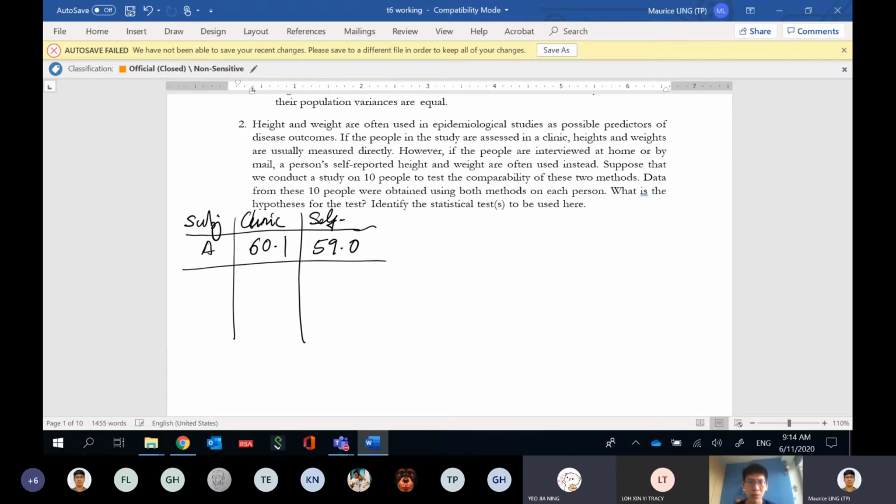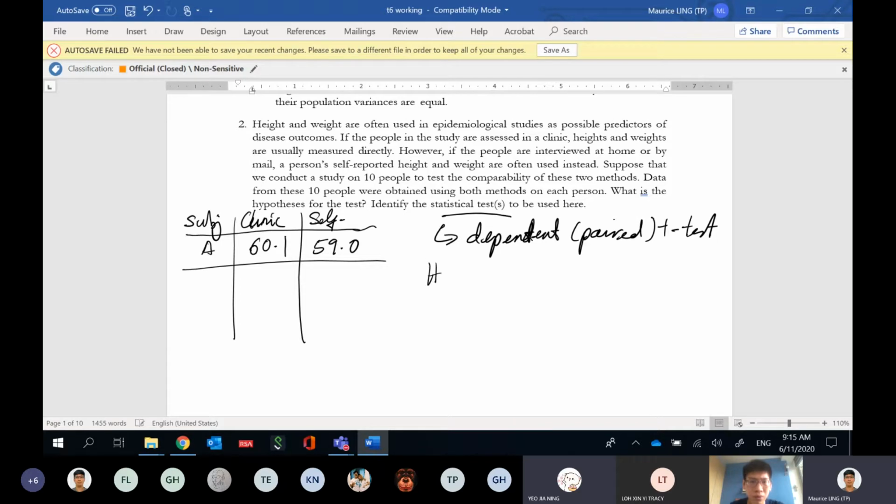So it's to test whether you actually know your own weight. Okay, so this is your dependent sample t-test, or what is called your paired t-test.